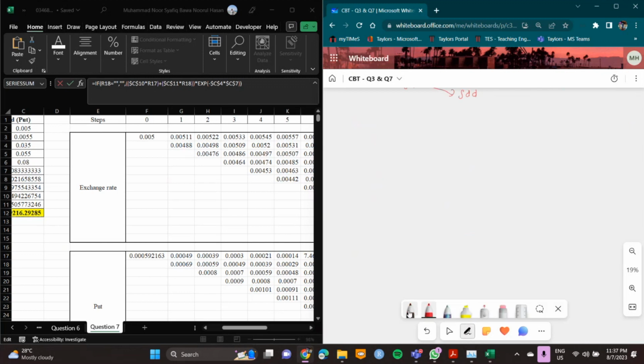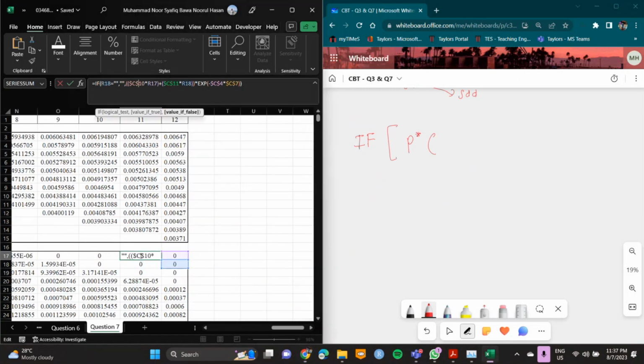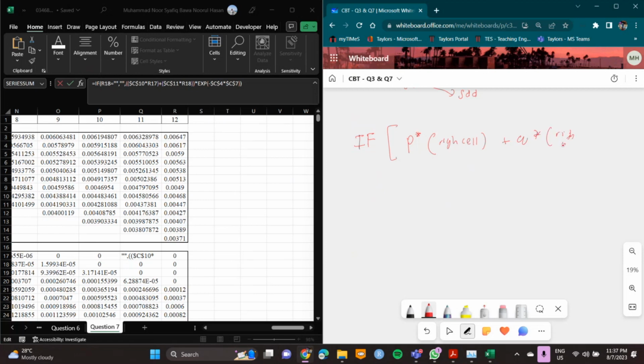So again, we are using the if function just to eliminate the blank cells so that it doesn't disturb our equation. So the if function, again, we use it, but now we use the P star times the right cell, as we can see in this question, plus the Q star times the right below cell.